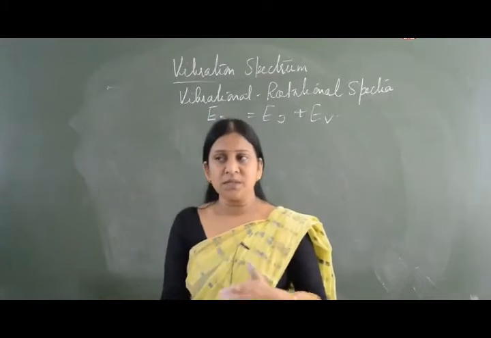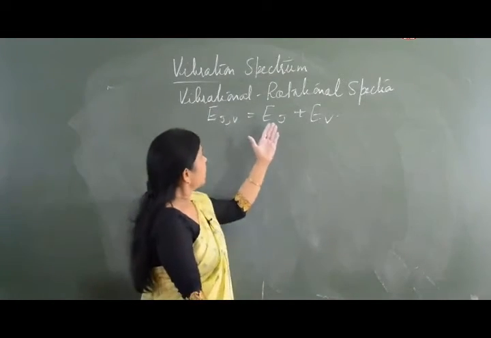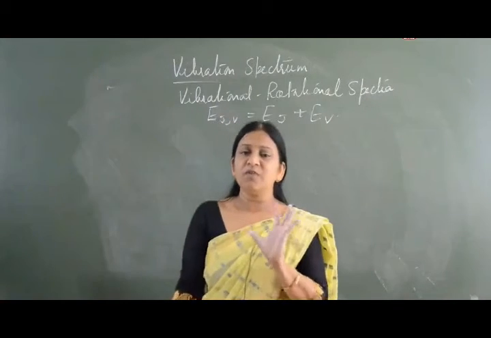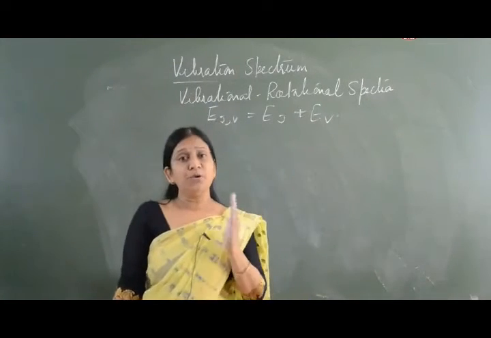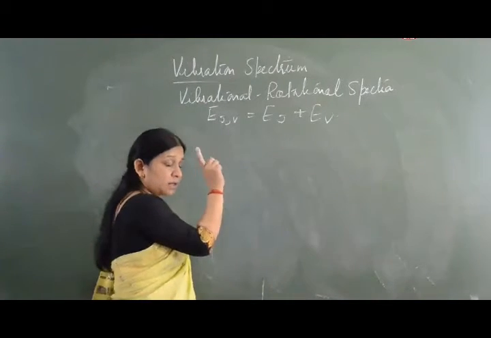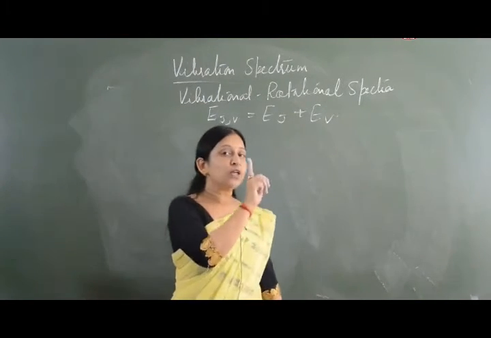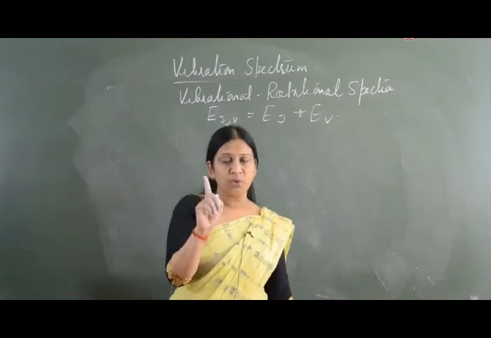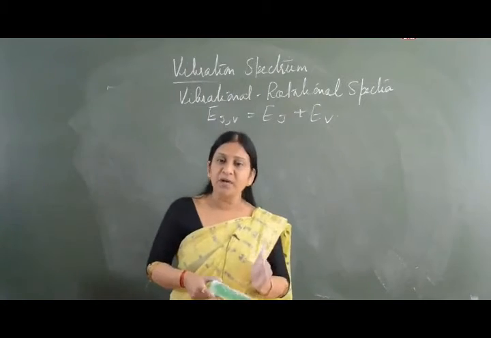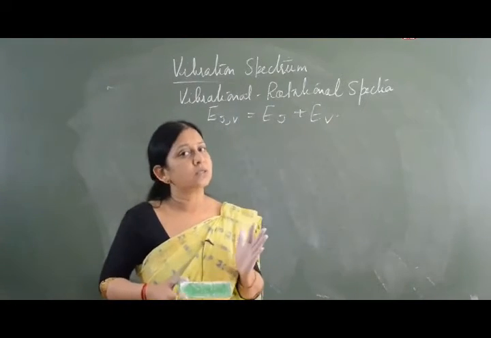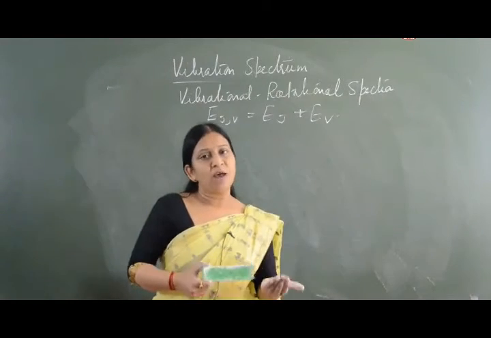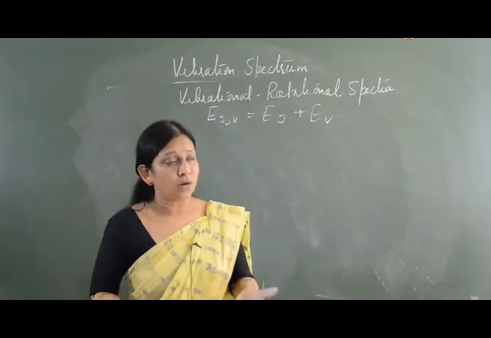And whenever we consider vibrational and rotational spectra, the diatomic molecule is not going to vibrate, or we cannot consider it to be vibrating, as a simple harmonic oscillator. We have to consider a diatomic molecule to be vibrating as an unharmonic oscillator.